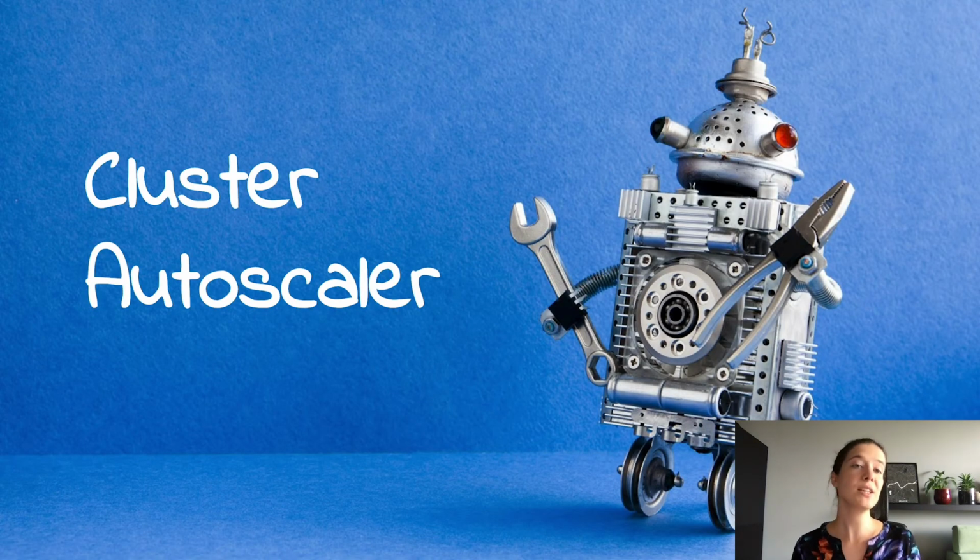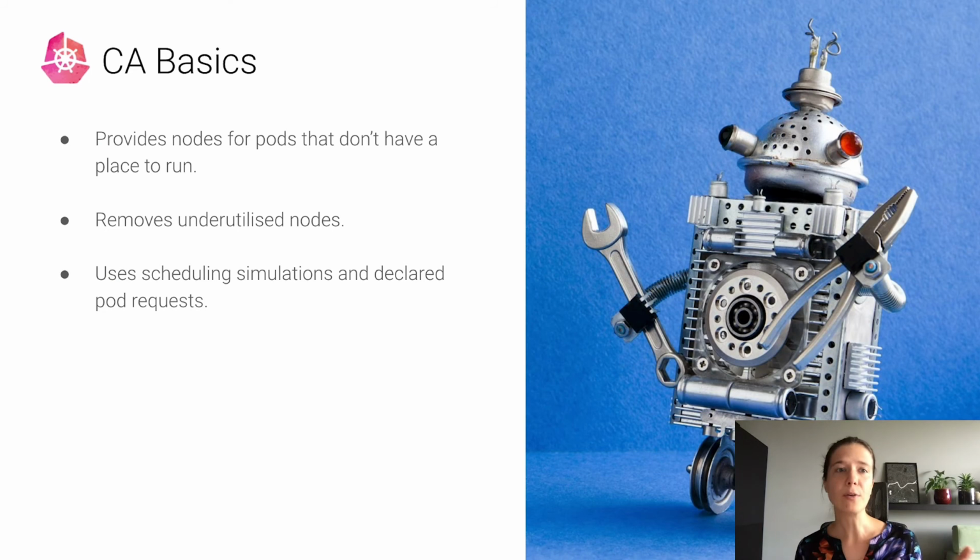Now, let's move on to the third and the last robot in our autoscaler family. This is cluster autoscaler. We've been talking about HPA and VPA, and they are both targeted at scaling user workloads. What cluster autoscaler does, it adjusts the underlying computing infrastructure. It provides nodes for pods that don't have place to run in the cluster, and it also compacts underutilized or empty nodes.